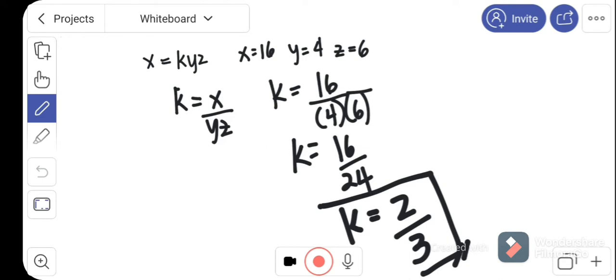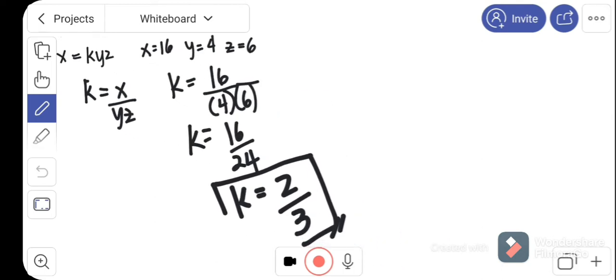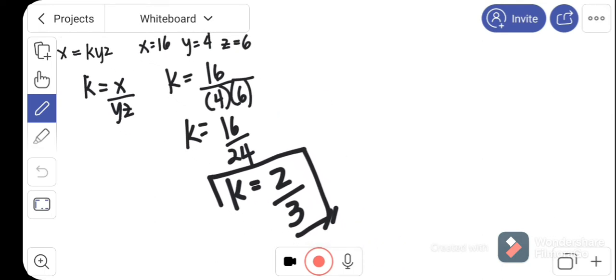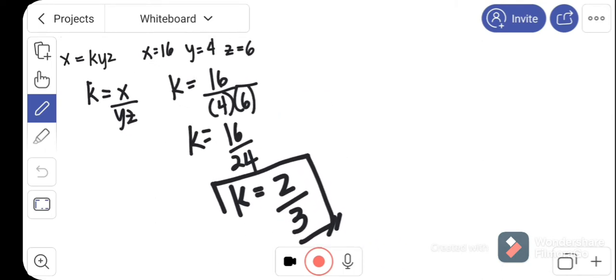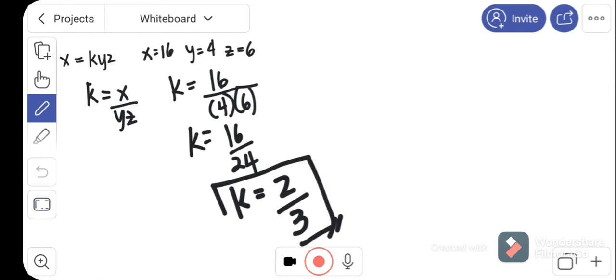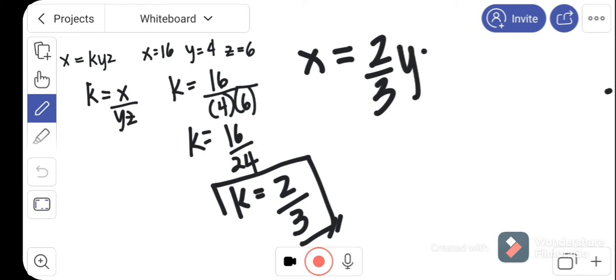After finding this constant of variation, we can rewrite our equation and change the constant of variation. Like x is equal to k becomes 2 over 3 and then variables y and z beside it.